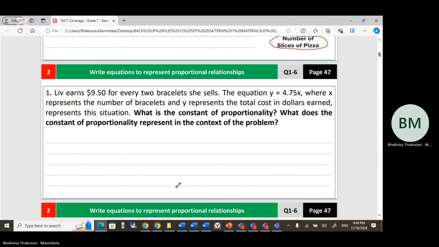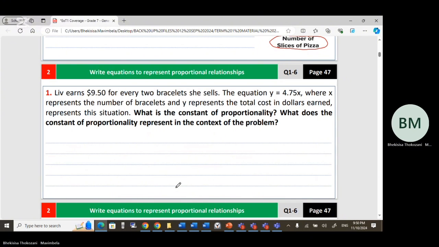Now, another interesting question here. So now we're going to look at the equations that represent a proportional relationship.